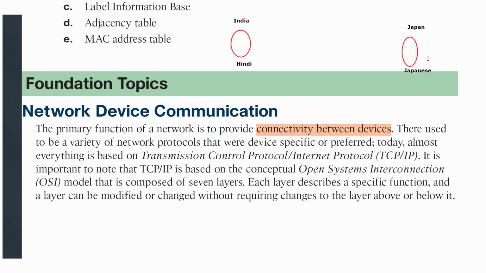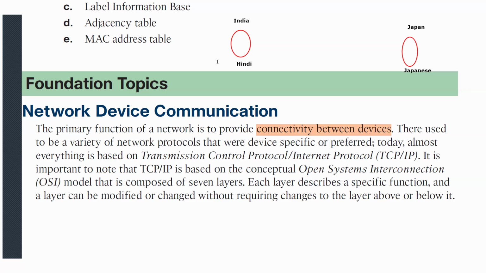But as time went on, everybody saw the problem. And organizations like ISO came up with the solution. What did they come up with? Standard protocols, that means common protocols for communication.